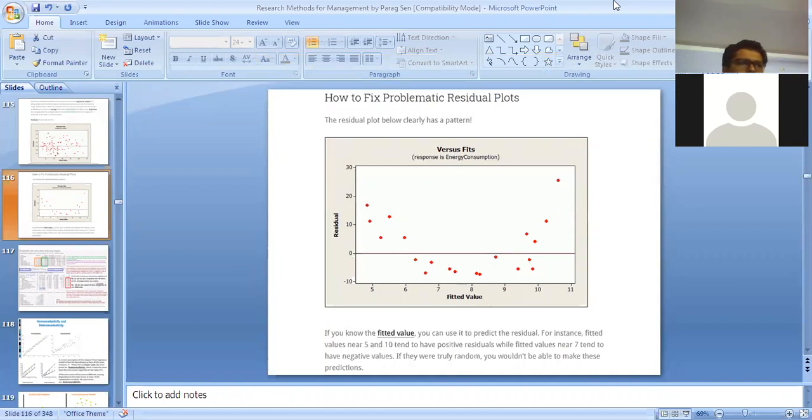There are some non-linear kinds of things. That's why you are getting some patterns of the residuals depending upon your estimated value. So what kind of non-linear, you need to find out then.